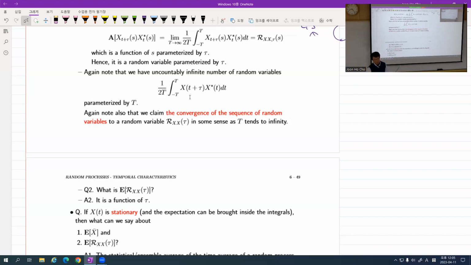So expectation involves integration, and integration is a special case of limit operation. So here, expectation can be brought inside the integral, which means that you can change the order of two limit operations. And you know it's very dangerous. But let's assume that for now, okay? Then let's see what happens.